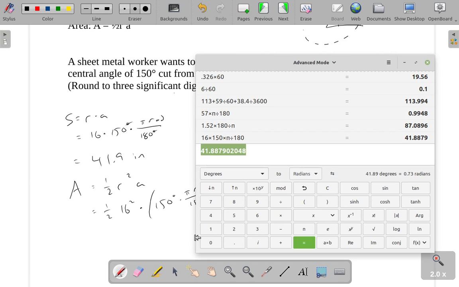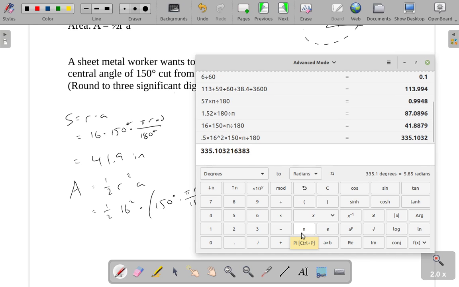So let's go 0.5 times 16 squared times 150 times pi over 180. I could do the 150 times pi over 180 in parentheses, but it actually doesn't matter, so I'm not going to bother.